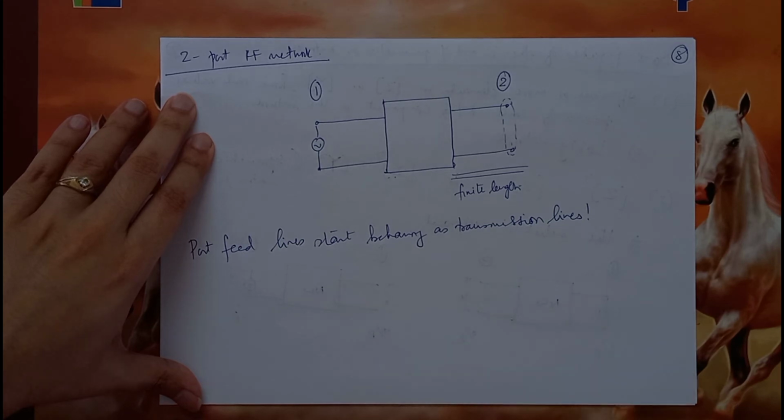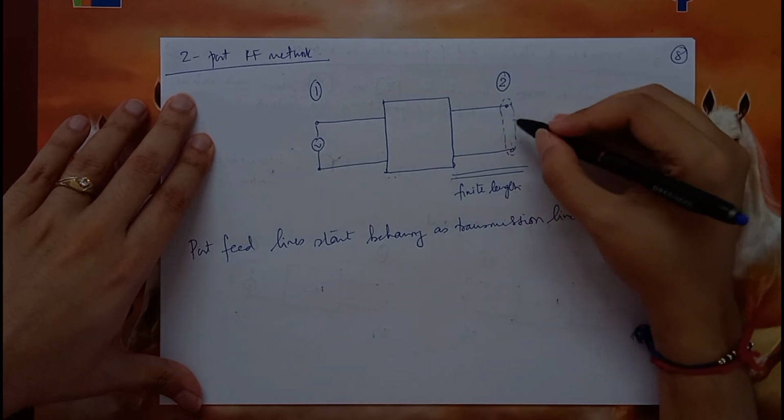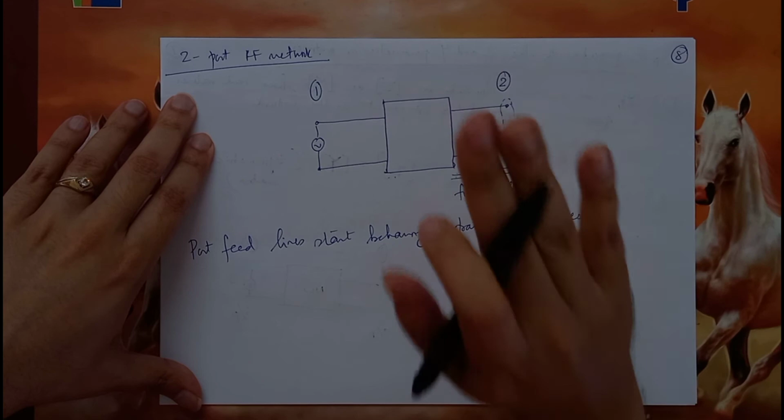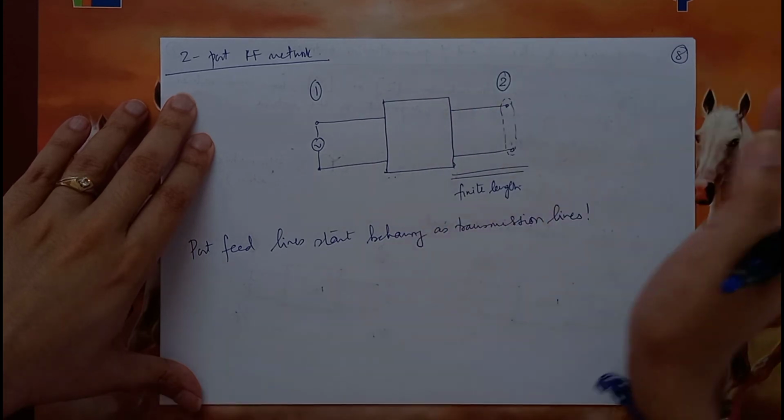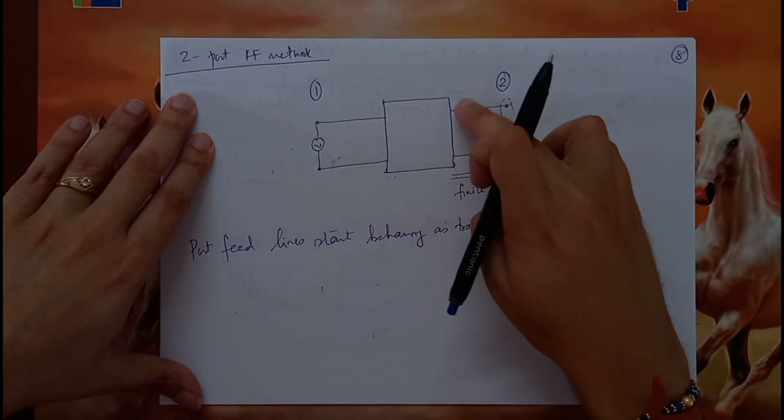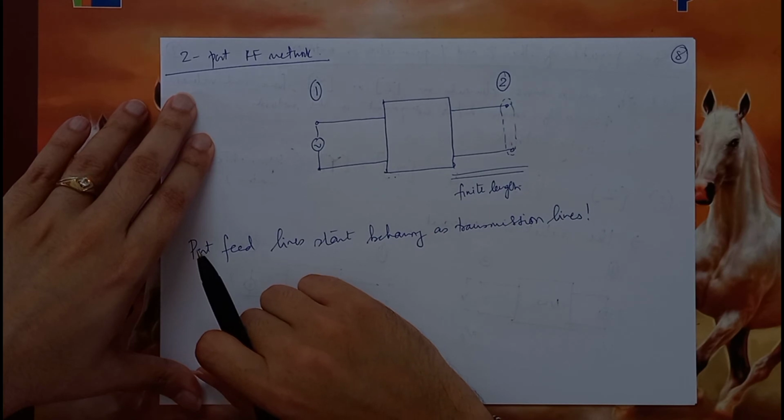So this is a problem. Likewise, if you have a short circuit, it will exist only at that point. At other points, there will be some impedance, so there will be some voltage and some current on these lines.